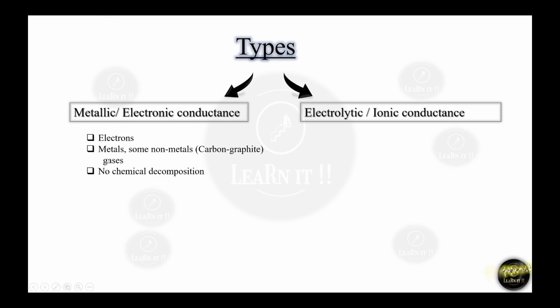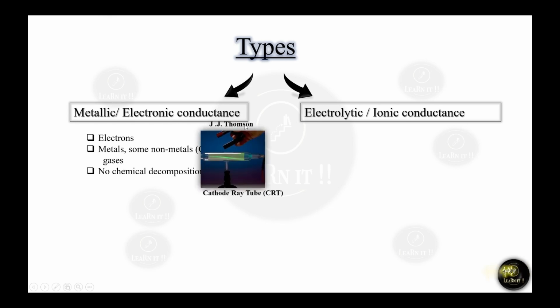We can see conductance through gases by the emission of electrons, as we have seen in J.J. Thomson's experiment, where the gas is taken at low pressure and high voltage is passed through it. The gas conducts electricity. These rays move towards the cathode, that's why they are called cathode rays.